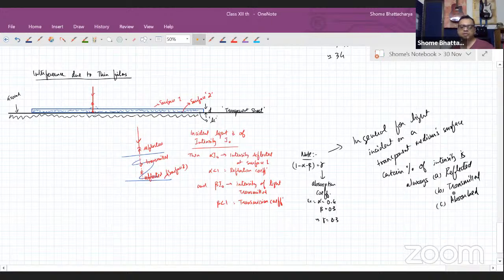And the sum of these three must be equal to 100%.